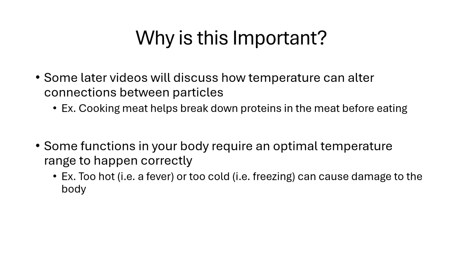Kind of like with cooking the meat, a very high fever can start to break down certain proteins and whatnot, and it'll damage your muscles and other parts of your body. Similarly, if you're too cold, it'll cause things like blood vessels to restrict in your fingers and toes, and that is when you start getting damage like frostbite.